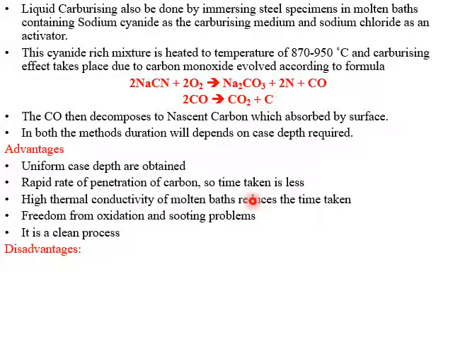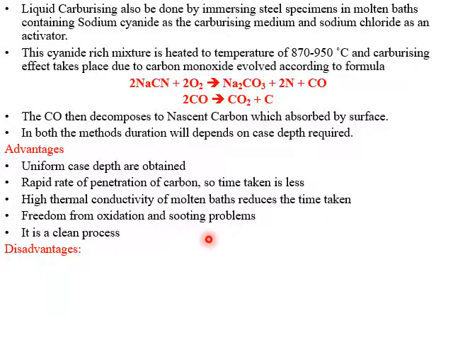The time required in solid carburizing will be more compared to liquid carburizing because the diffusion rate is a little bit faster in a liquid. High thermal conductivity of molten baths reduces the time taken. If you use molten baths having high thermal conductivity, the heat transfer rate will be faster and the process will proceed at a faster rate.